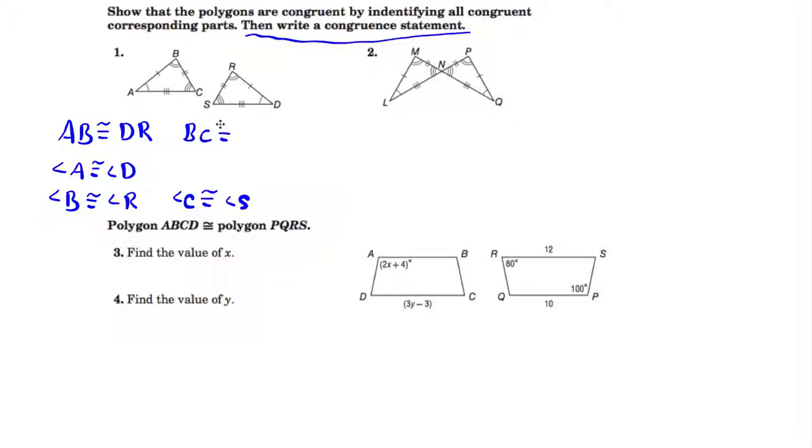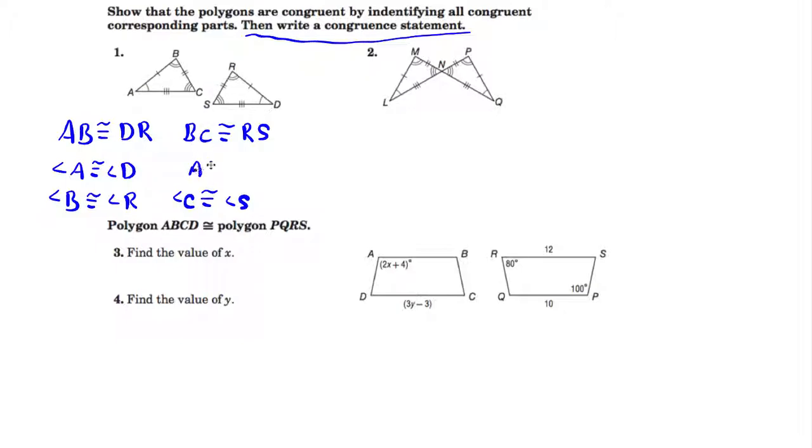Notice if I go from B to C, and B is congruent to R, I must also go from R to S. In fact, BC and RS have the two tick marks, and they both start with an angle that has the two arcs.